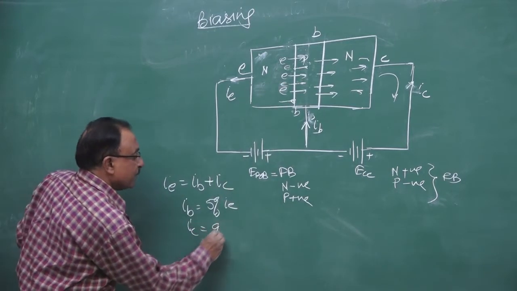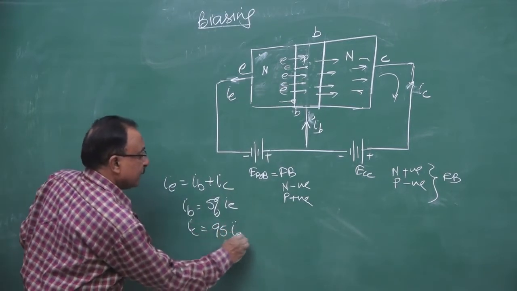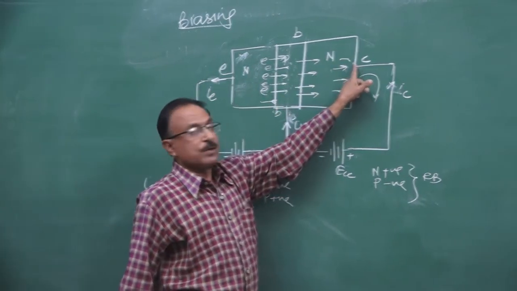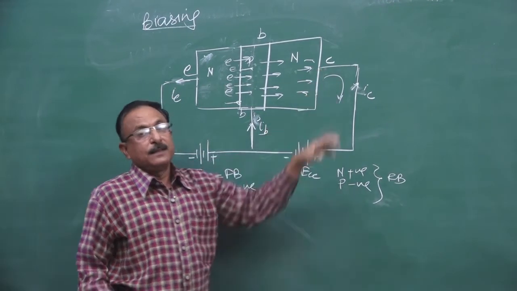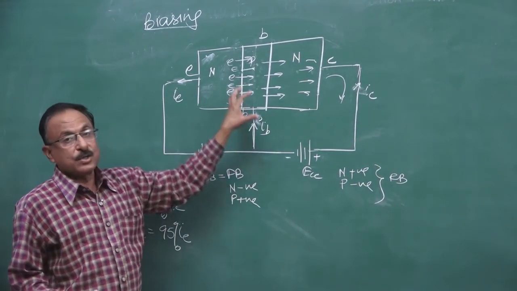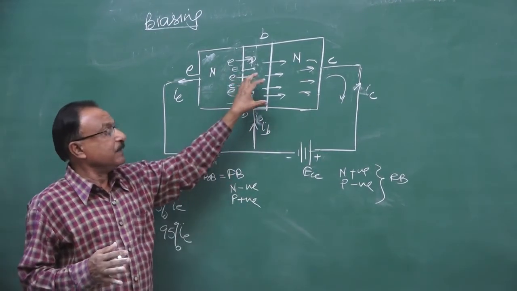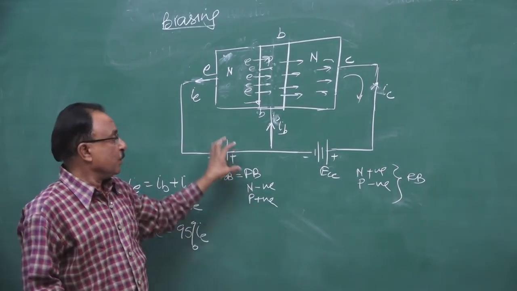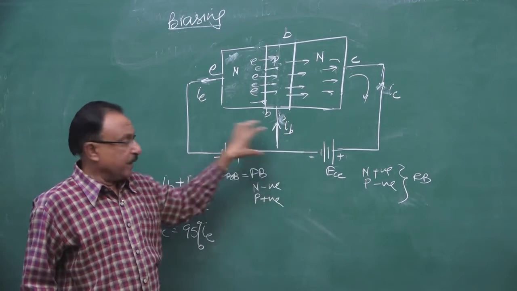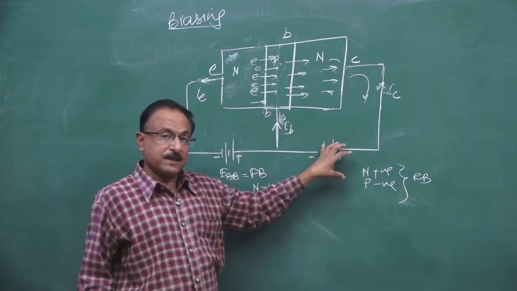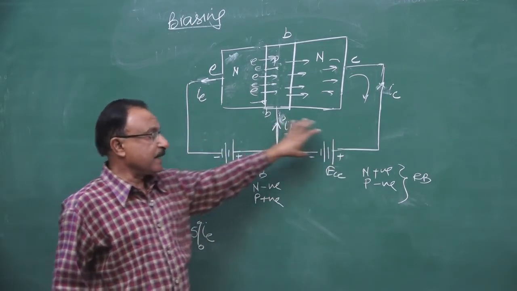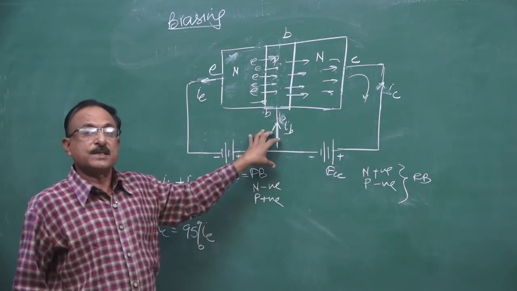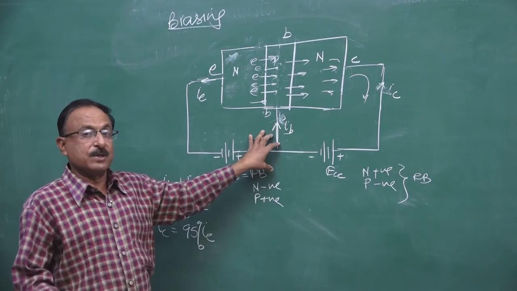Collector current is about 95% of the emitter current because many of these electrons reach the collector region, and then this junction transistor becomes conducting, operative, right? So two batteries, one forward bias and one reverse bias, emitter forward bias and collector reverse bias, are necessary for making the PNP or NPN junction transistor operative.